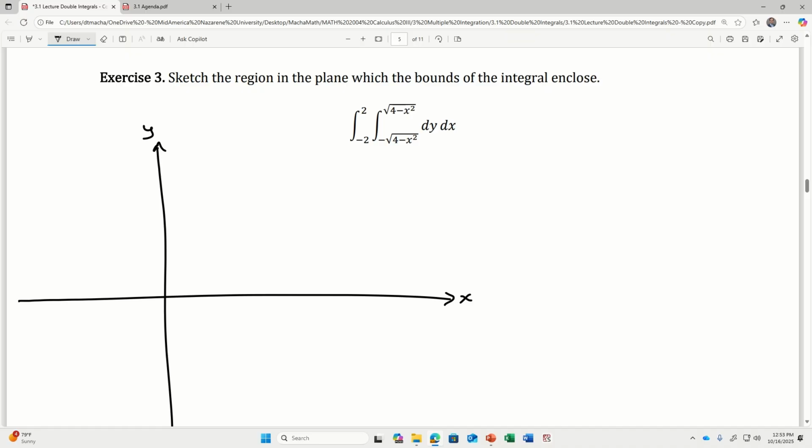Well, when I look at this, I say x needs to be greater than -2 and less than +2.